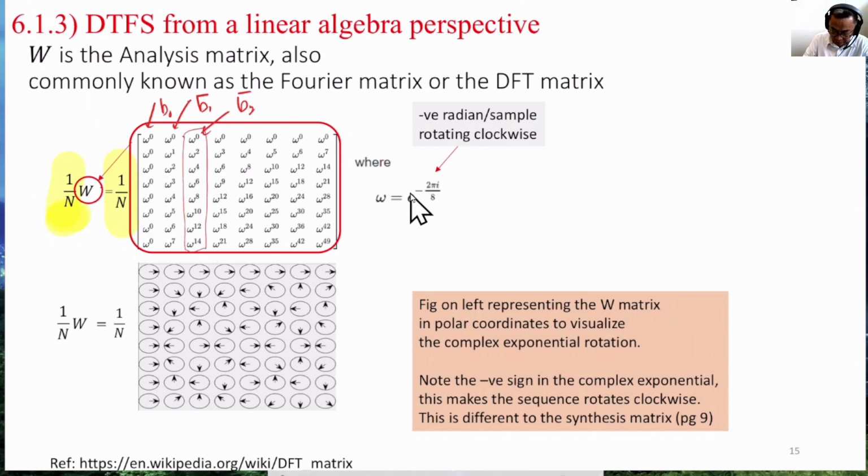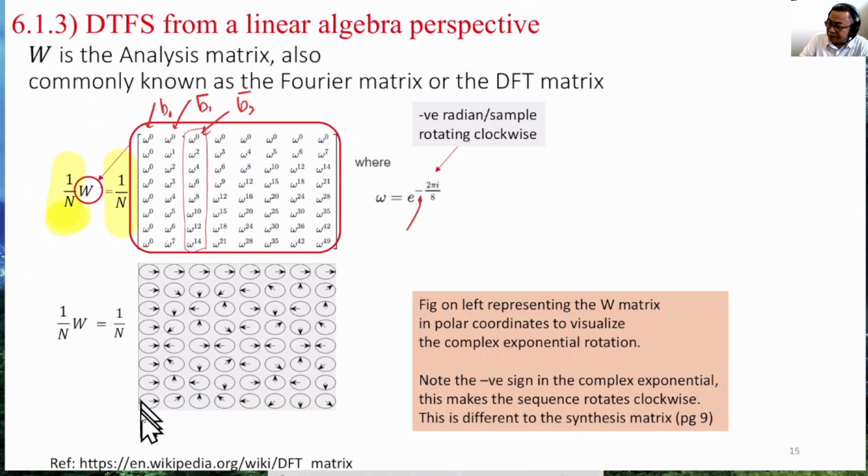And why is this so? It's because the elements of this W to the power of the values have a negative here. And then you will see that the phases, instead of rotating anti-clockwise like previously, are now rotating clockwise. Other than that, this W matrix and the matrix that we have studied so far are the same.